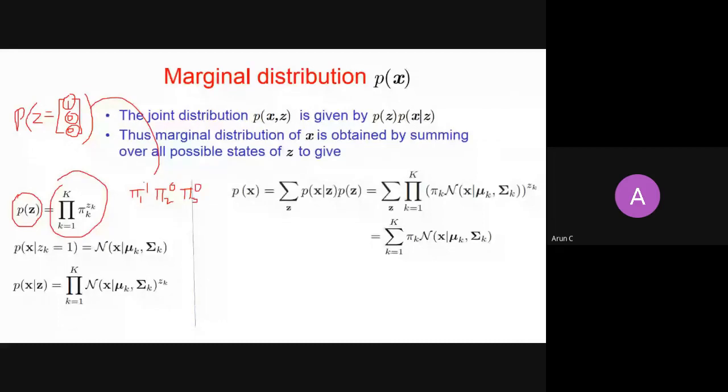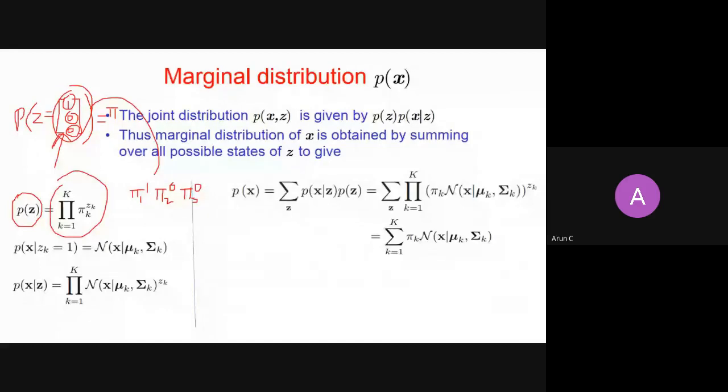Hence the probability will be pi 1 only, since pi 1 to the power 1 is pi 1. So in general, the probability of a particular cluster is either pi 1, pi 2 or pi 3, depending on the assignment of z. If you are seeing the first cluster, it is pi 1. If the second cluster, it is pi 2, and the third cluster is pi 3.